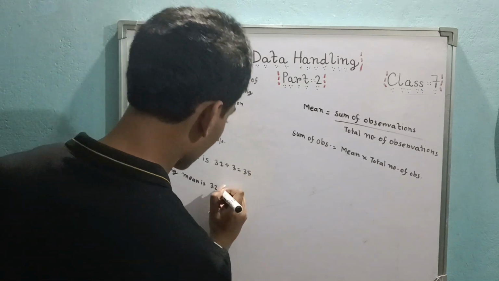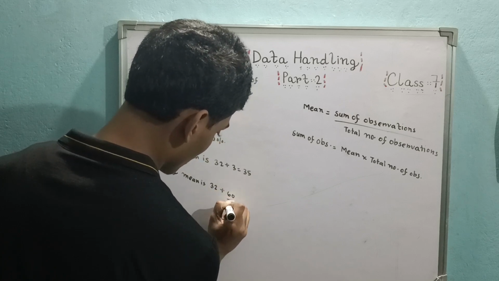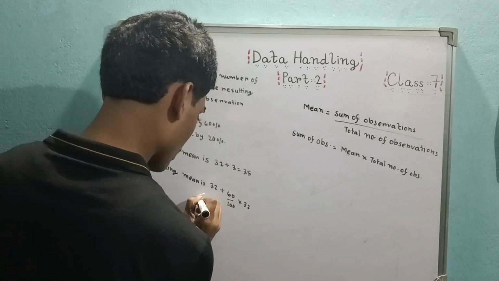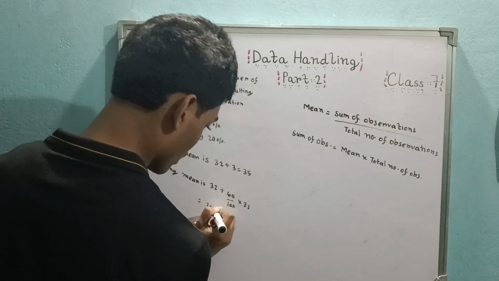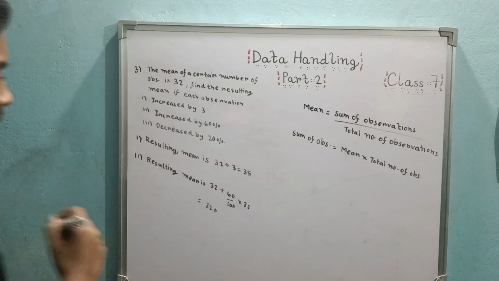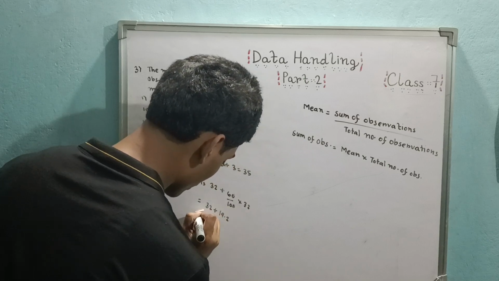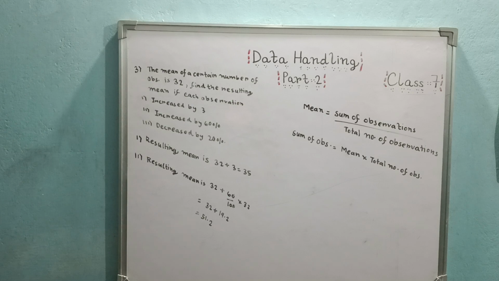This is 32 plus 60 by 100 of 32, equal to 32 plus 192 by 10, 19.2, which gives 51.2. So easy. If you do the same thing to the original mean as you do on each of the observations, the resultant mean is on your answer sheet.